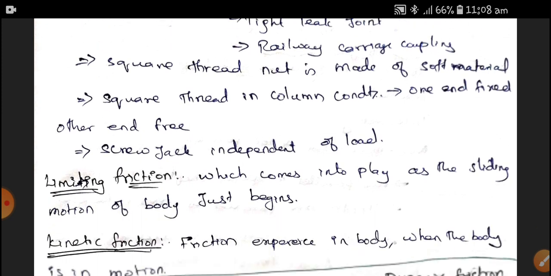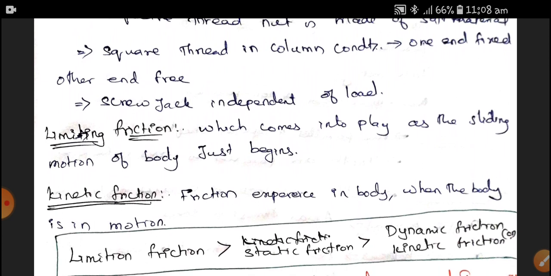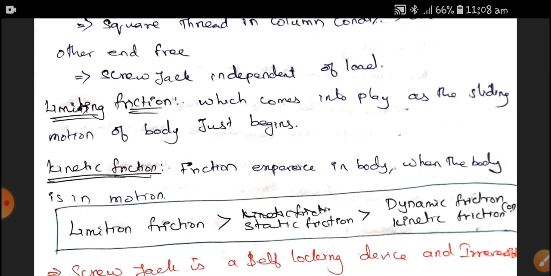Here I would like to give a small introduction about limiting friction and kinetic friction. And I will definitely give a brief video about friction. The limiting friction is the maximum friction.